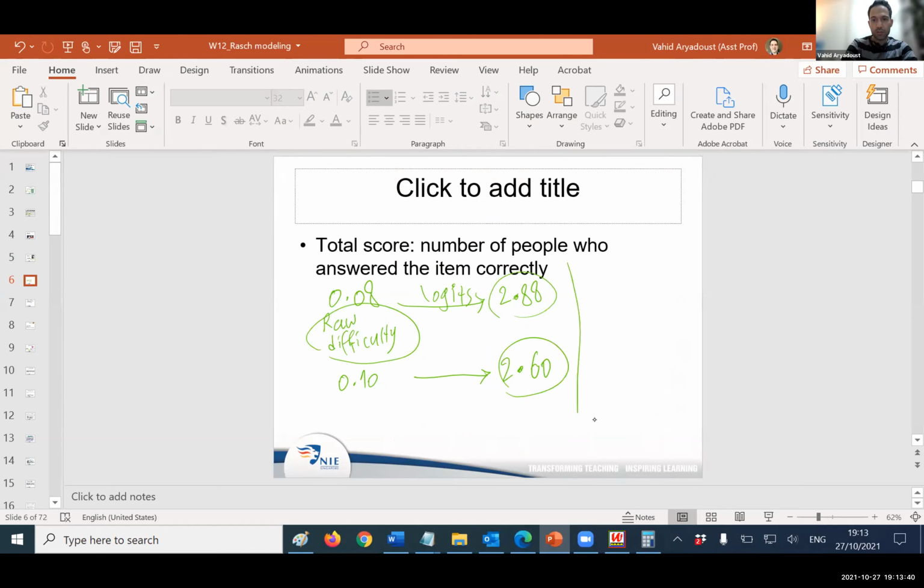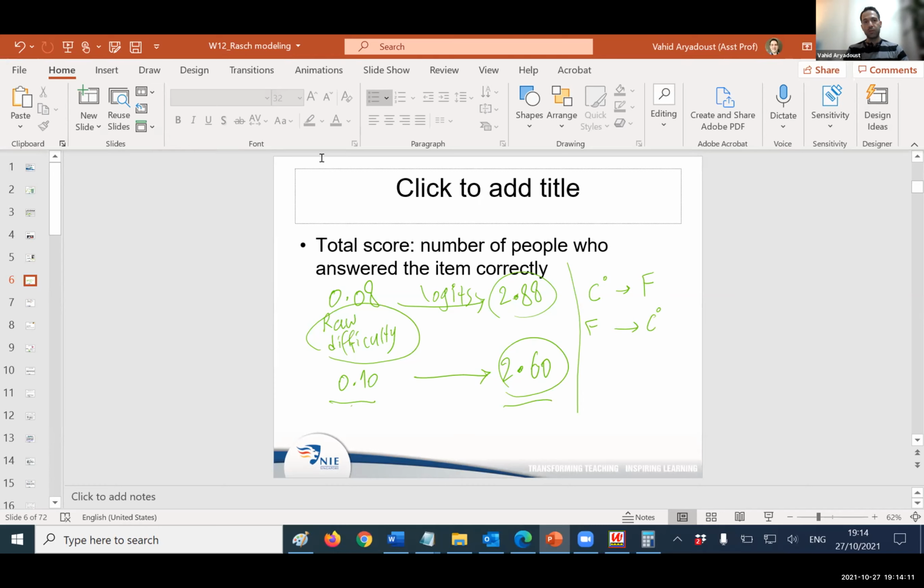You don't have to be a physicist to know this, because when you're measuring temperatures, you can do the same thing. For example, you can change Celsius to Fahrenheit, or Fahrenheit to Celsius. This analogy is very useful here. You're changing to another unit of measurement.